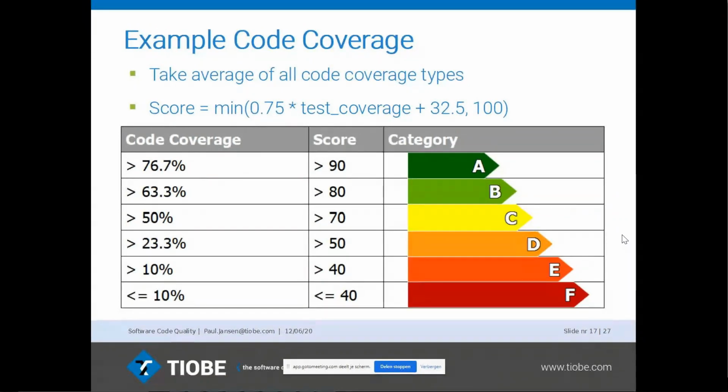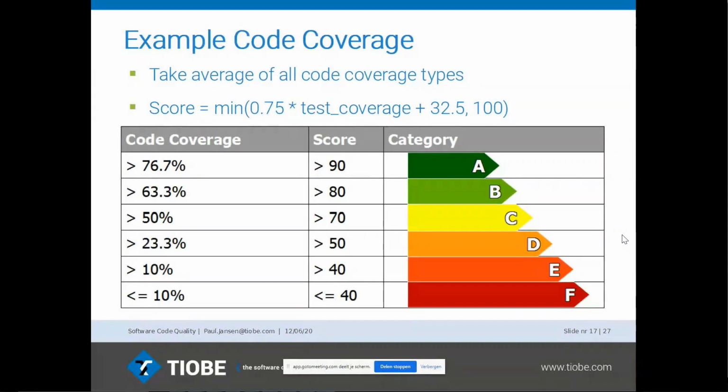On the other hand, if you fill out 0 here, the funny thing is then you already get 32.5. Why is that? Because what we've seen is that a lot of companies struggle with setting up unit test systems, or integration tests or system tests, and measuring coverage.